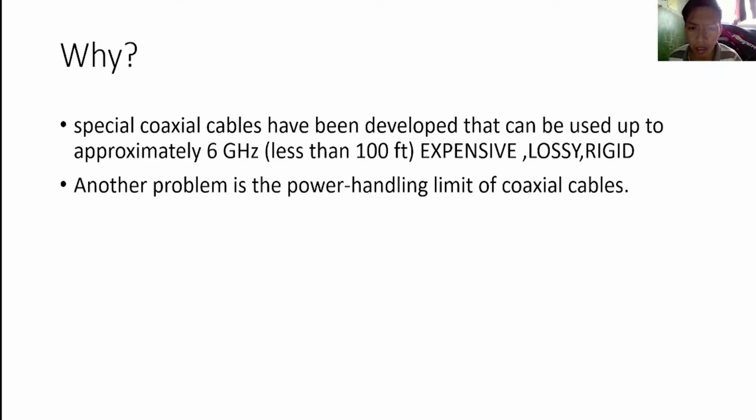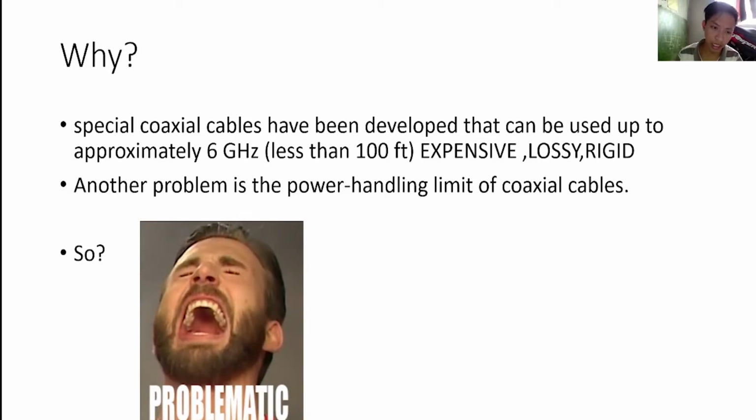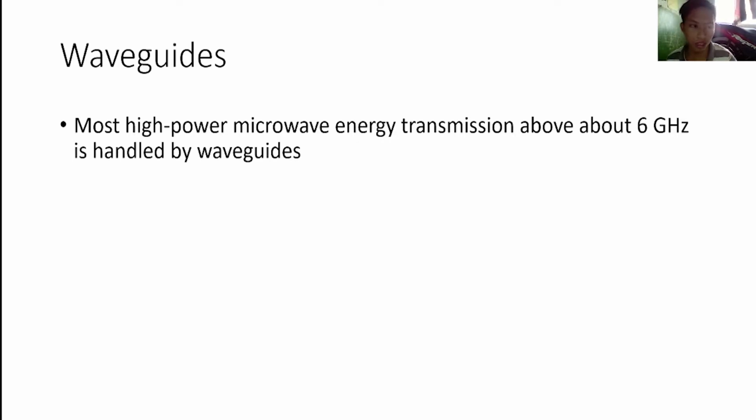Another problem is the power handling limit of coaxial cable. So this is problematic, and one solution is waveguides. Most high power microwave energy transmission above about 6 GHz is handled by waveguides.